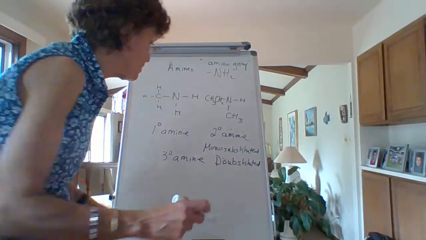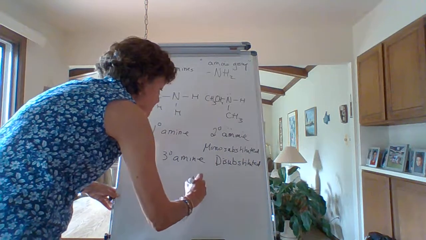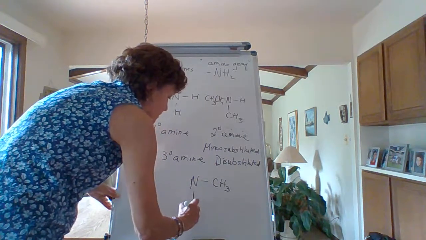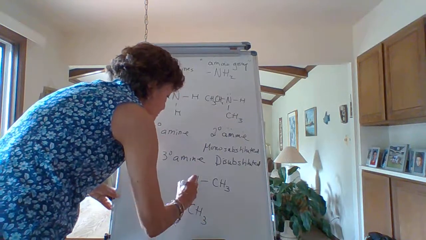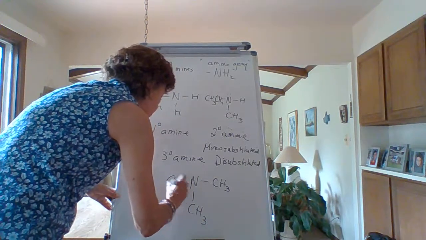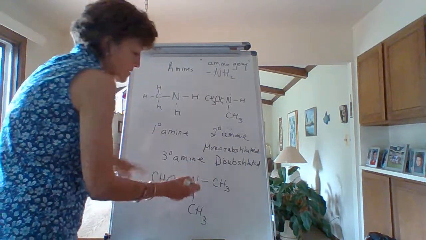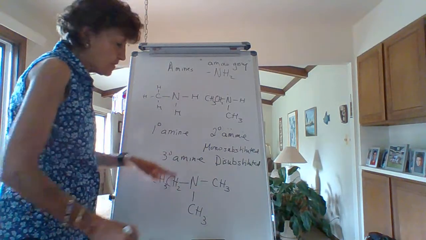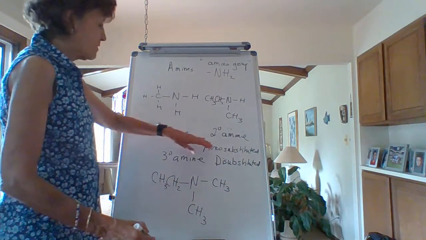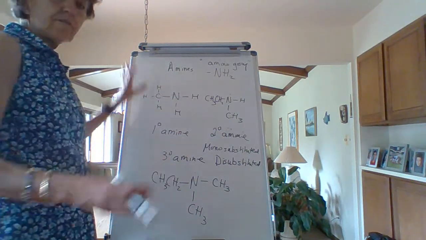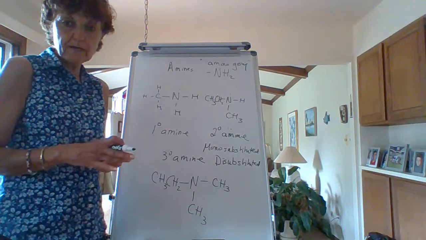So let me show you what a tertiary amine looks like. Here's the nitrogen. Let's say I put a methyl group here. Let's say another methyl group here. And let's say I have an ethyl group here. So this is a tertiary amine. It's di-substituted. Secondary amine is monosubstituted. Primary amine looks like this. Okay?